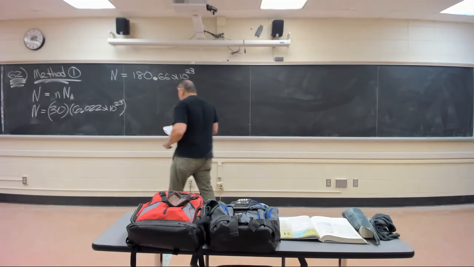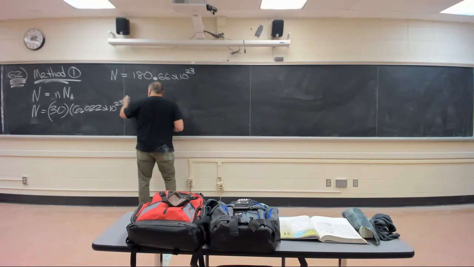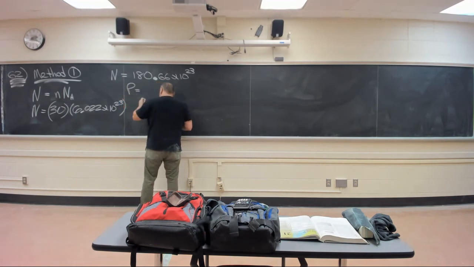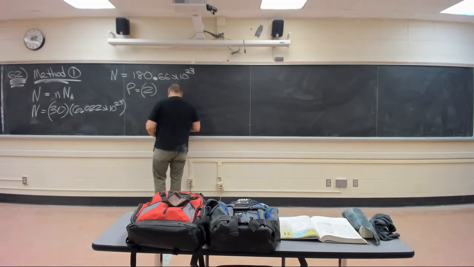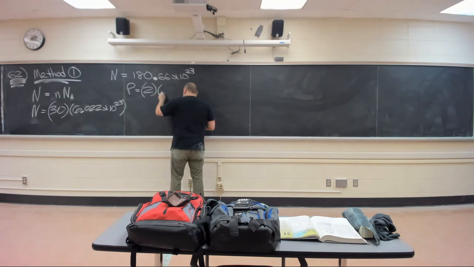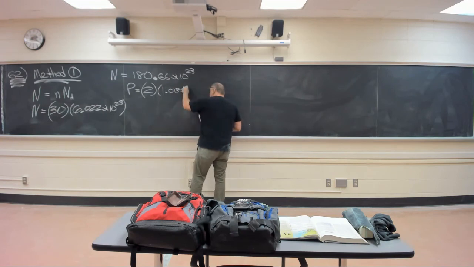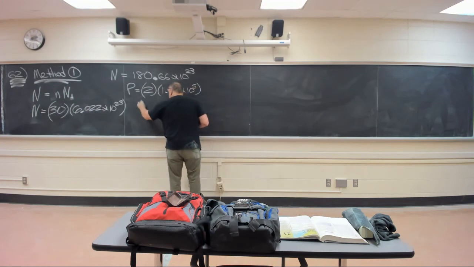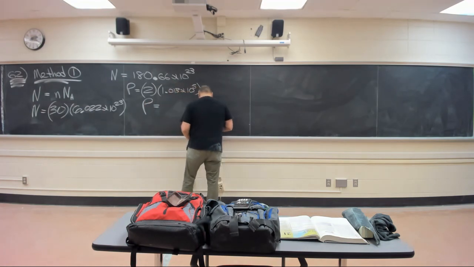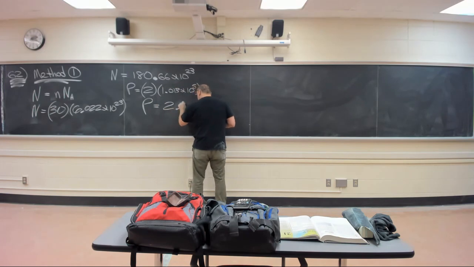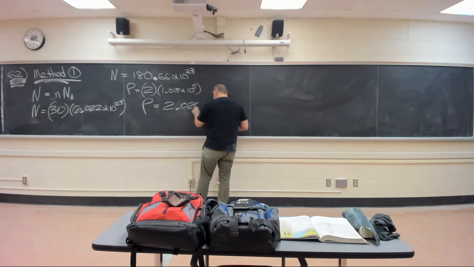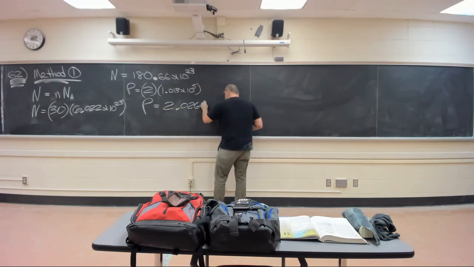They talk about pressure. Pressure, huh? There's 2 atmospheres, guys. 1 atmosphere of pressure is 1.013 times 10 to the 5th. Pressure is 2.026 times 10 to the 5th.